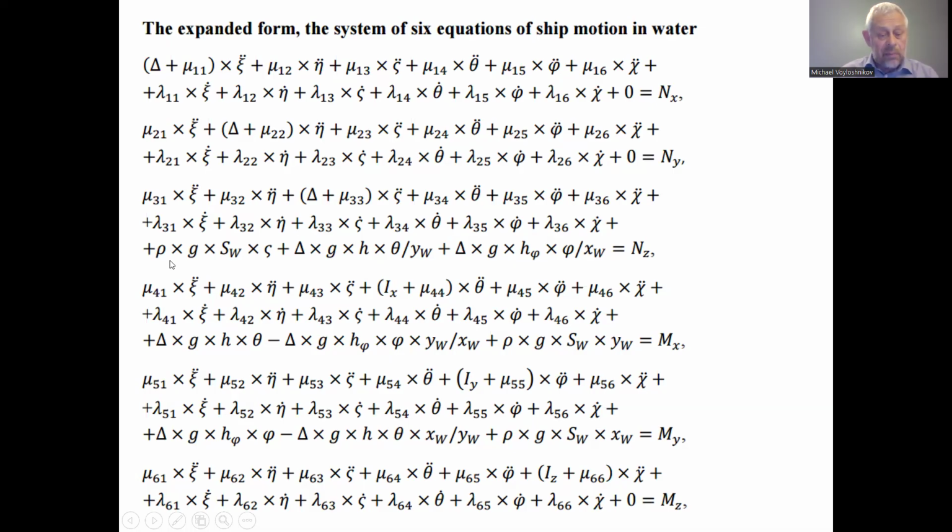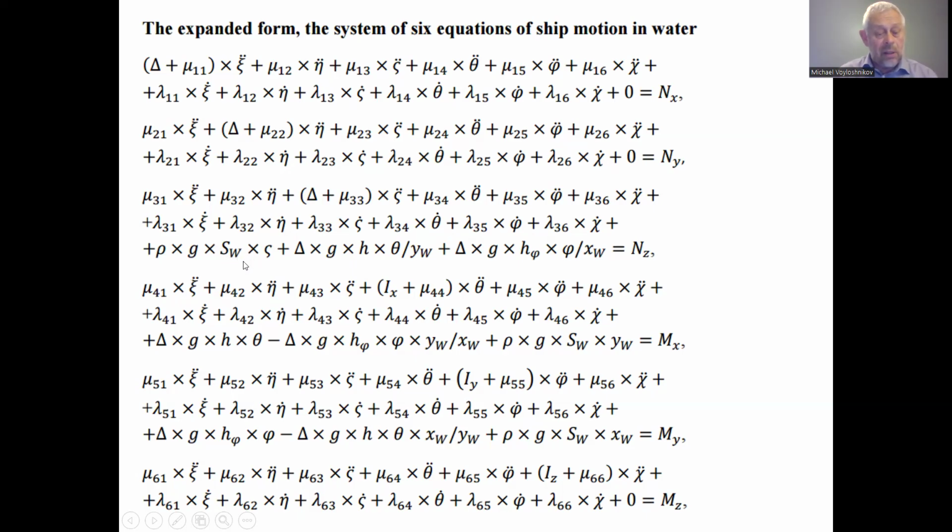usually equivalent to 1.025 ton per cubic meter. This is gravity acceleration, 9.81 meter per square second. This is the area of the water line. So when the ship is moving vertically along the applicate axis, the volume entering the water or going out of the water is proportional to this displacement of the ship and the area of the water line.